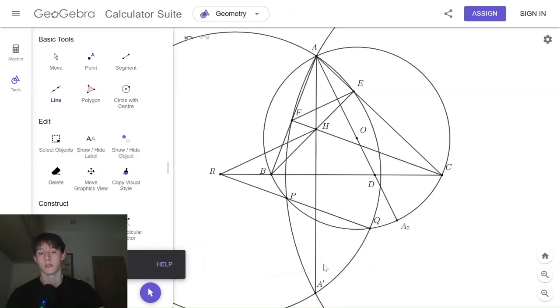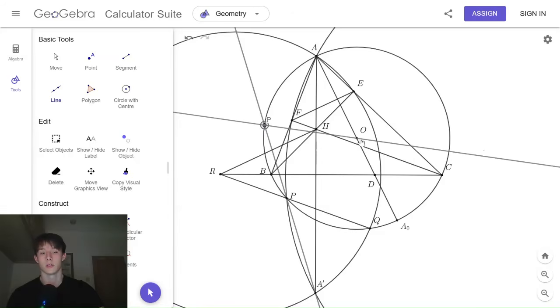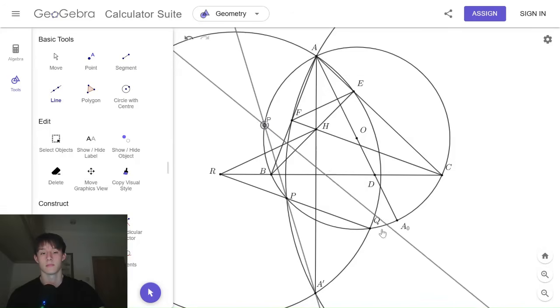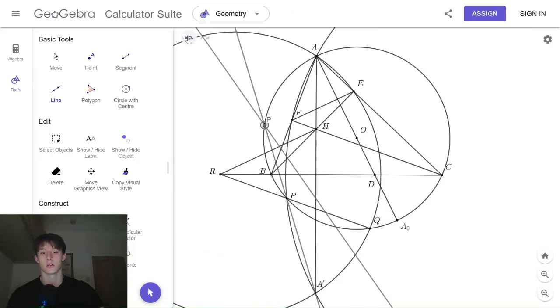So maybe if I draw A'P, it'll pass through something nice. Or it won't. I don't think it passed through anything nice, chat.